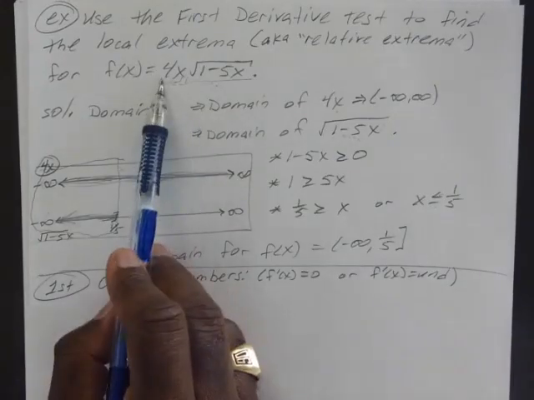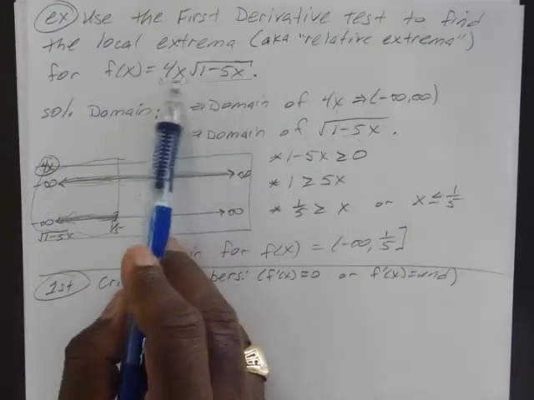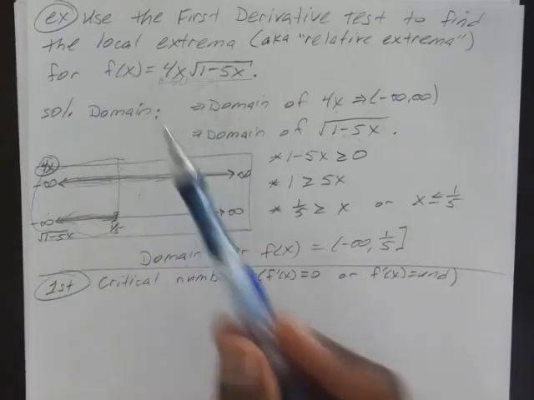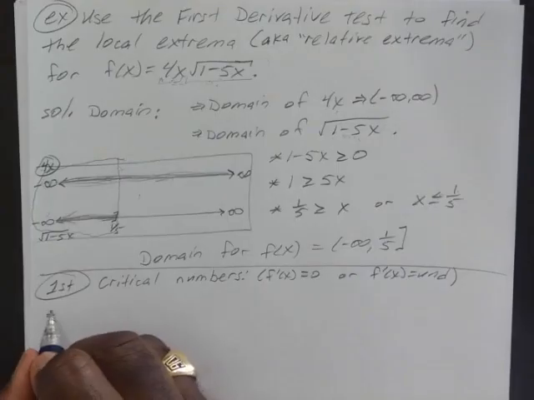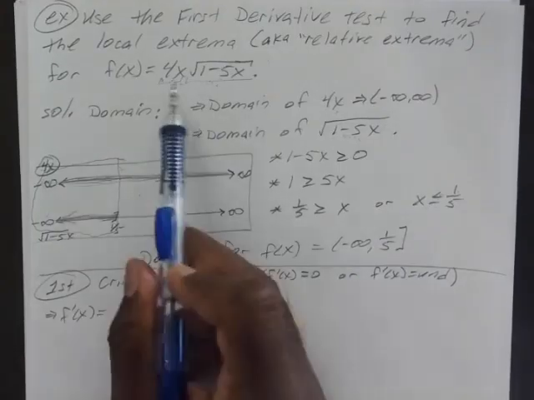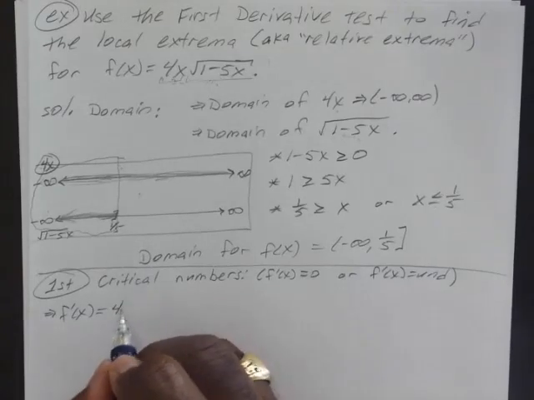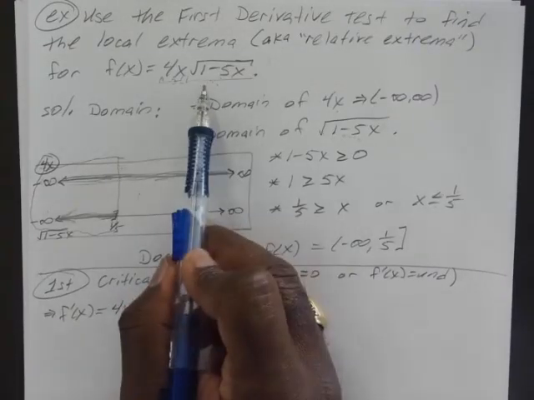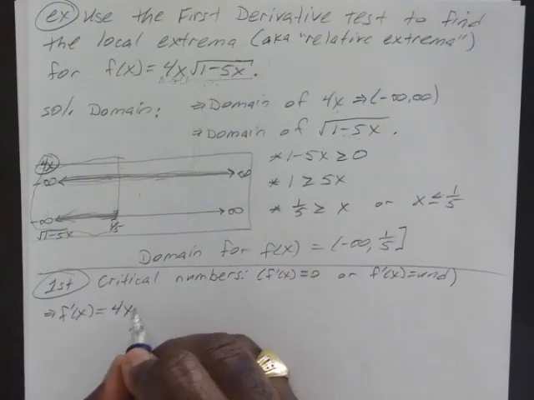Okay, so since our function is the product of two functions, we have to use the product rule. So our f prime of x is equal to the first function times the derivative of the second function.